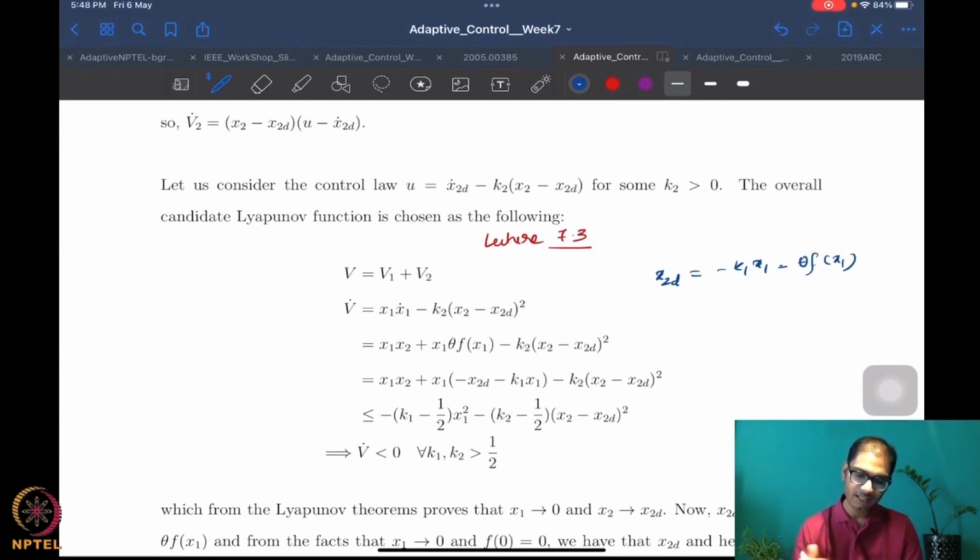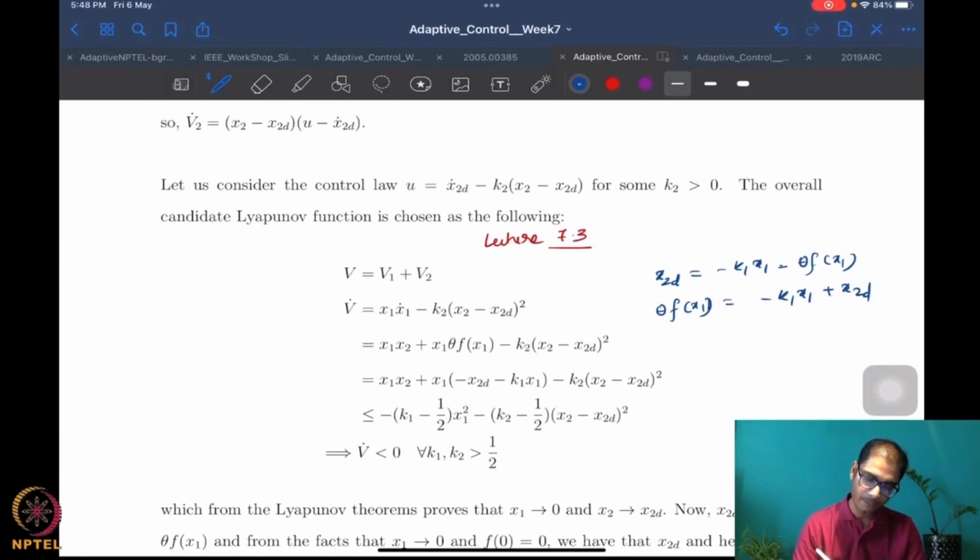Okay. So in fact, the way this manipulation is done, it's fine. So what we do is, I actually don't write x2 as this, but I simply replace theta f(x1) from here. So if I do that, theta f(x1) is actually equal to minus k1 x1 plus x2 desired.